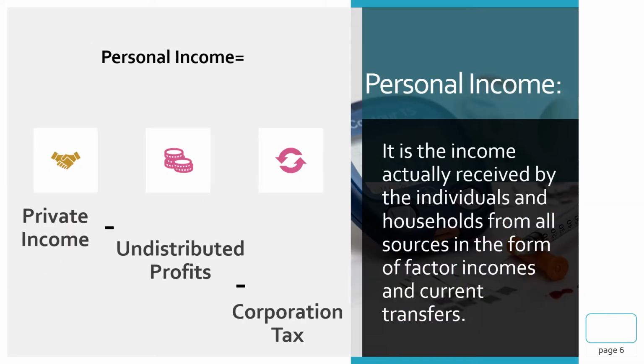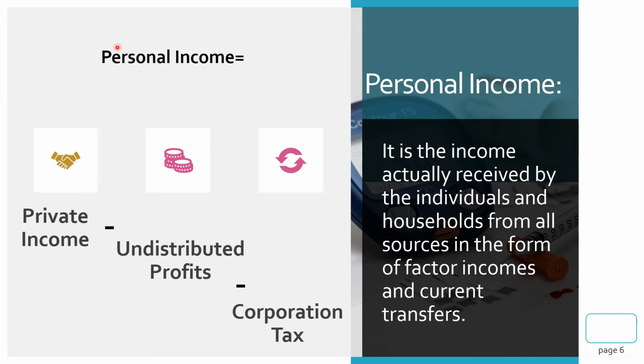And here we have another concept called personal income. Let us seek to define it. What is personal income? It is the income actually received by the individuals and households from all sources in the form of factor incomes as well as current transfers. So we have a formula here for personal income, which is: personal income is equal to private income, which we just saw in the previous slide, minus undistributed profits and minus corporation tax.